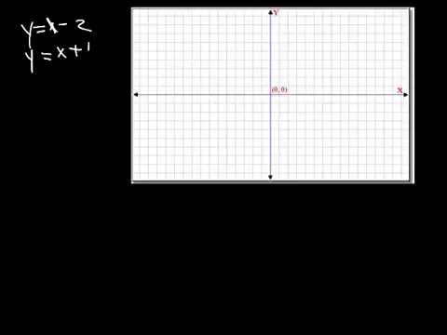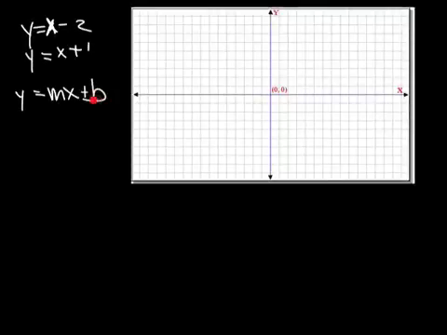Alright, let's go back to the slope-intercept form like we had talked about in the last one. Now remember, this here is where it crosses the y-axis at negative 2 and at 1, so both of those equations cross there. This number here is the slope. You know, it's the y over x. It's the up however many over however many.